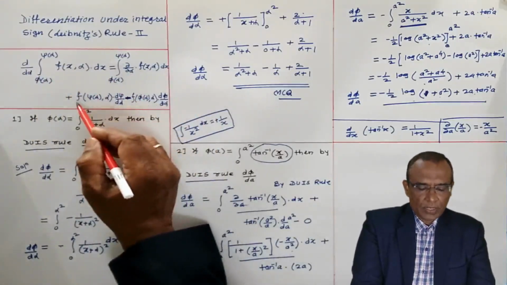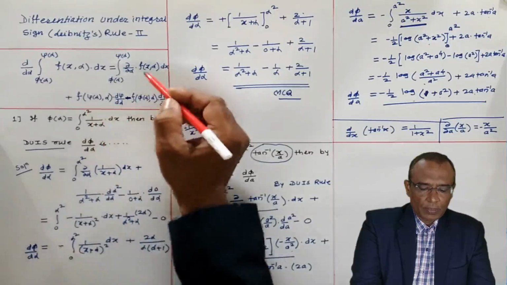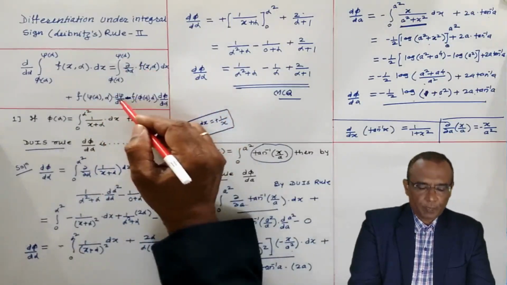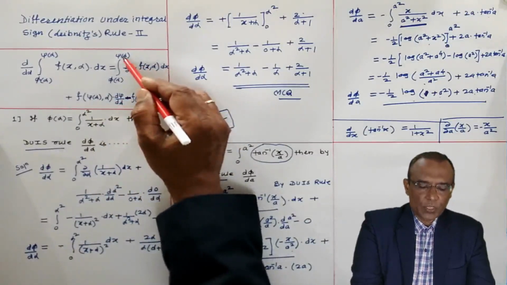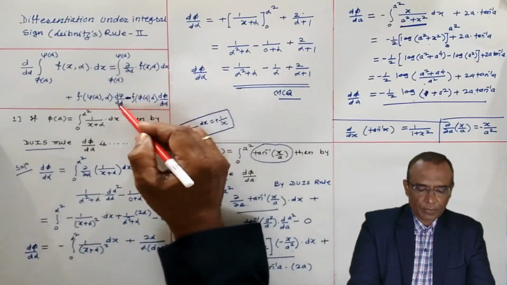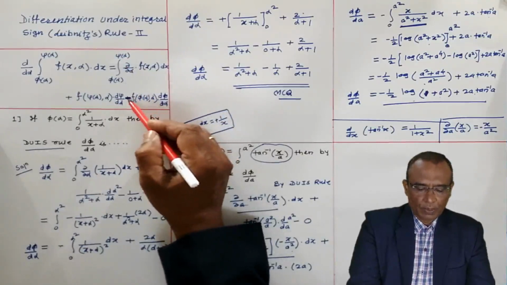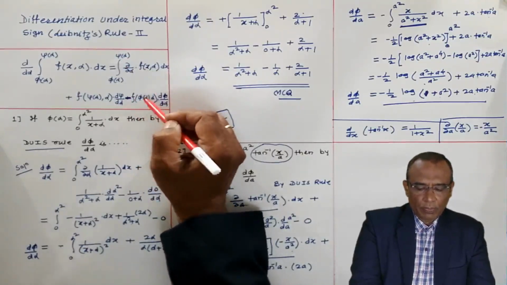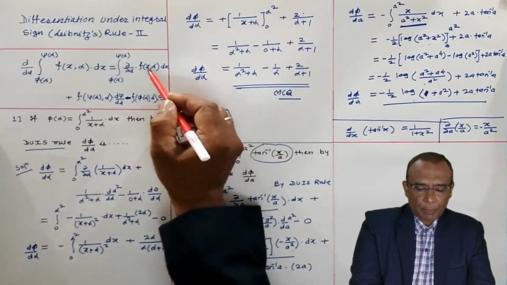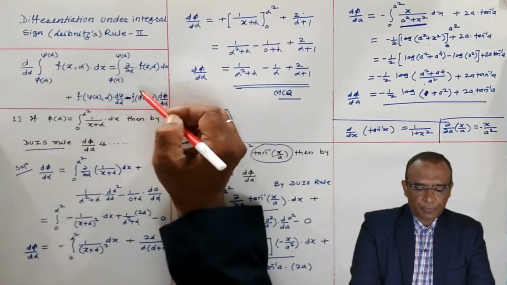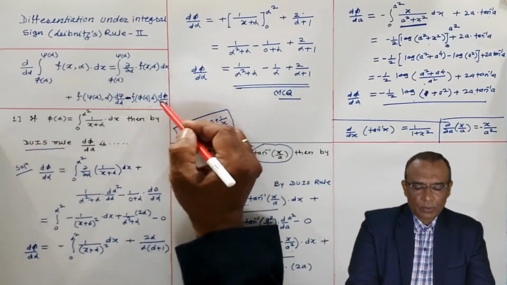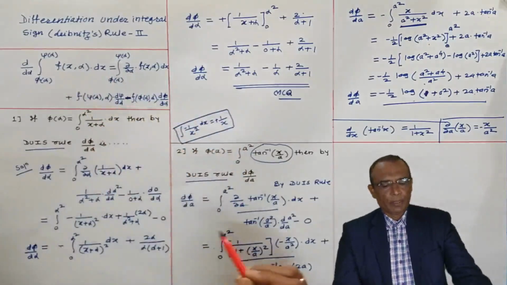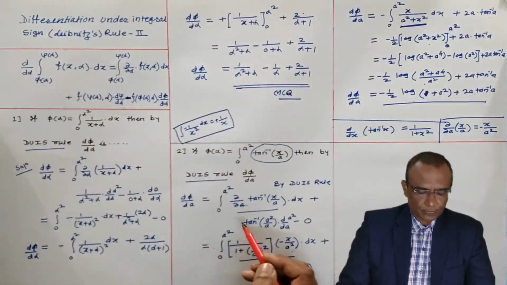For the second term, you may remember it this way: x is replaced by the upper limit, multiplied by the derivative of the upper limit with respect to the parameter alpha. Now the third term is minus f of phi alpha, which means replace x by the lower limit, multiplied by the derivative of the lower limit. In this way you can remember Leibniz rule 2.